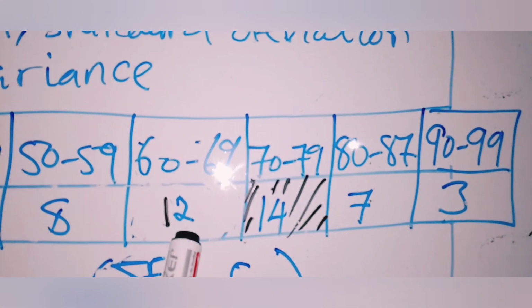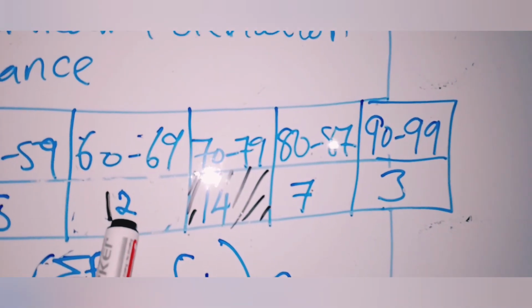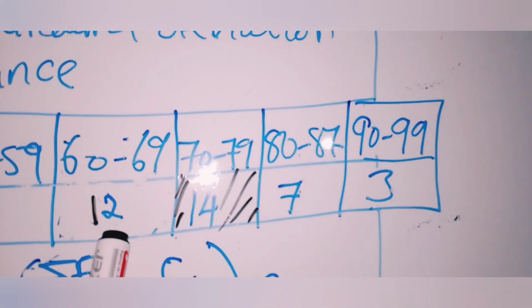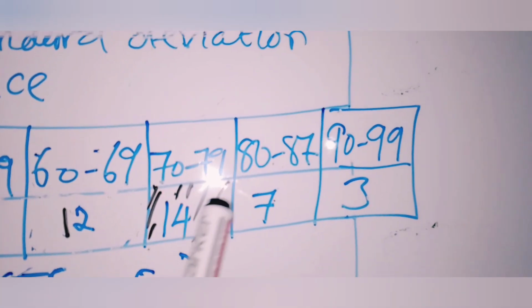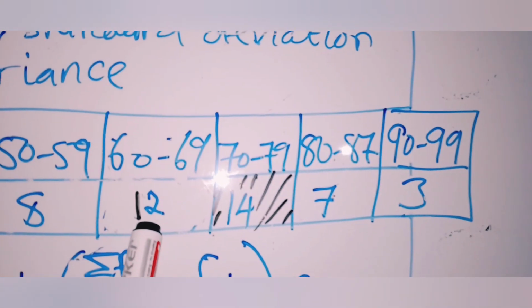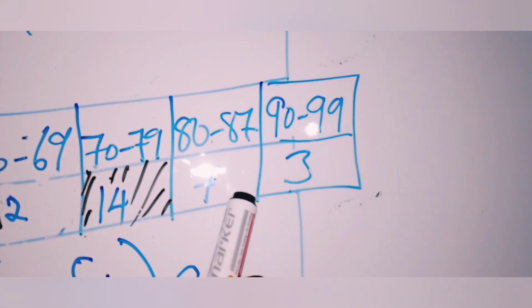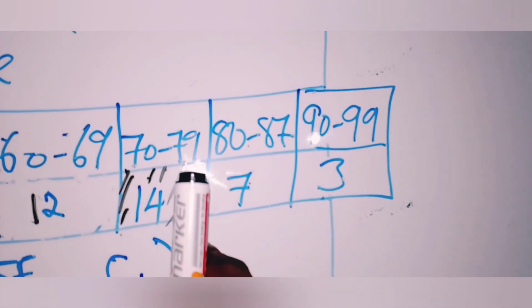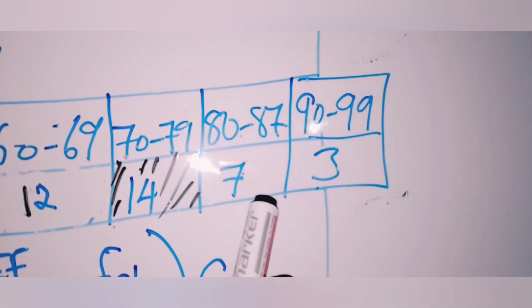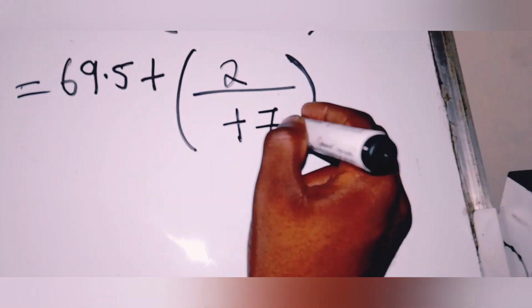So 14 minus 12 is 2. Now for delta 2, you go forward; if you go back, you are solving for delta 1. From the mode to the one in front, 14 minus 7, that is 7. So delta 2 is 7.